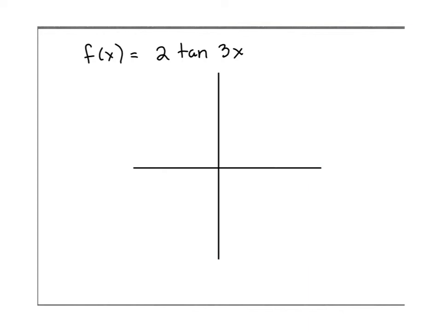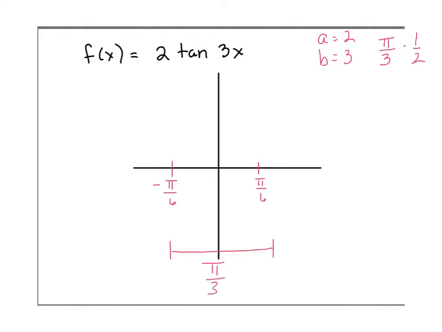So here's an example. The amplitude for the tangent graph, the amplitude would be 2. The period, we know that b is 3, so pi over 3 would be the period. Okay, so that means that if I divide pi over 3 by 2, it's going to be pi over 6 on one side and negative pi over 6, because the period is still going to be pi over 3.